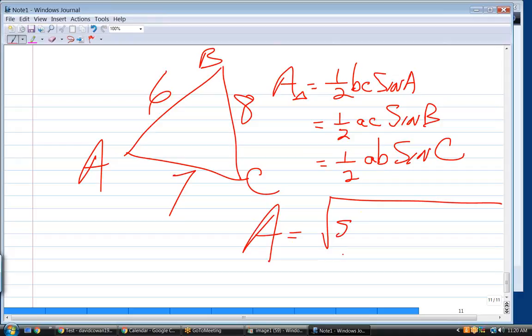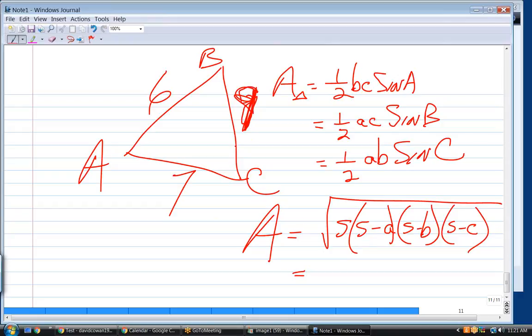S stands for the semi-perimeter, and the area is the square root of S times the semi-perimeter minus one side, times the semi-perimeter minus the other side, times the semi-perimeter minus the third side. Let me change this number to a 9, first of all. The perimeter is 22. So the semi-perimeter is 11, half of the perimeter.